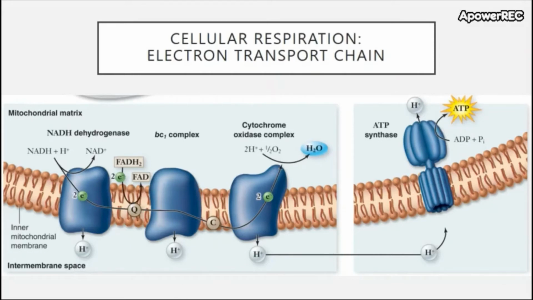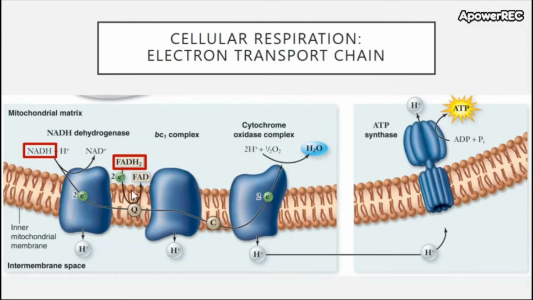If we start from left to right, we can see the general process. We have our electron carriers, NADH and FADH2, and they are regenerated into NAD plus and FAD.